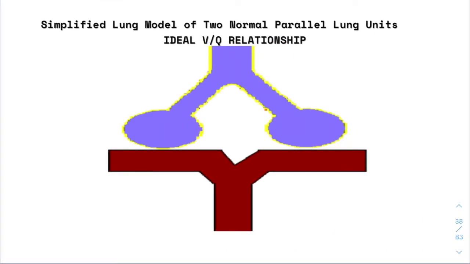Let's make this lung model simpler. This slide is taken from Dr. Tim Trinidad's lecture a long time ago.